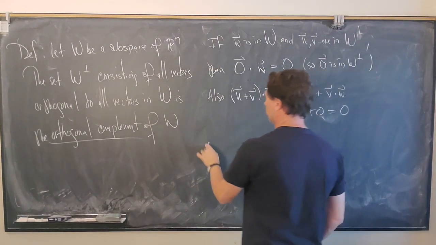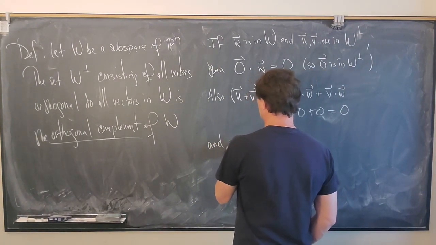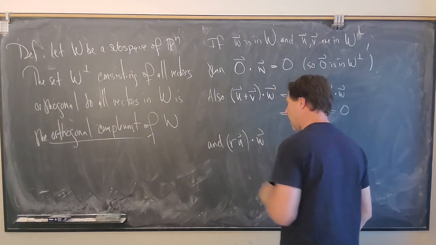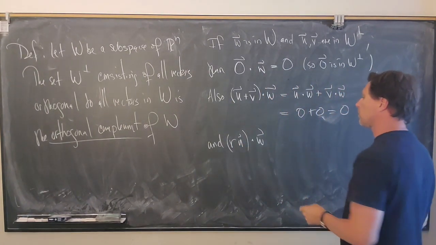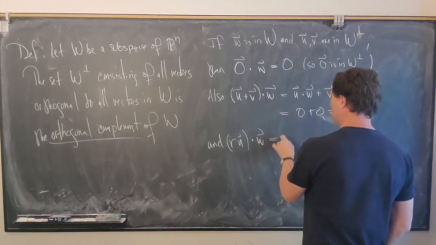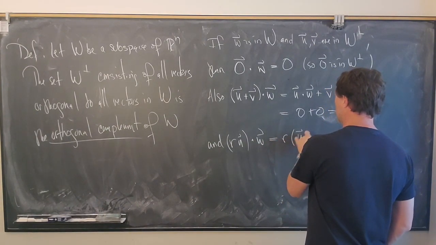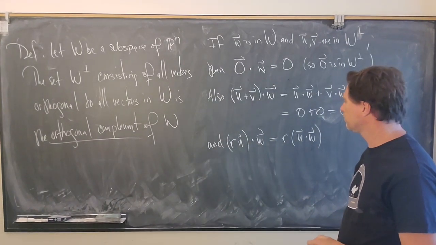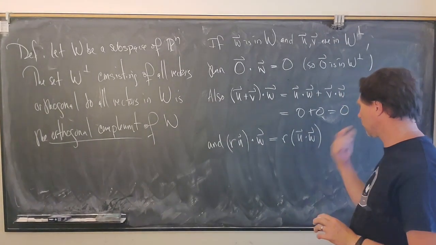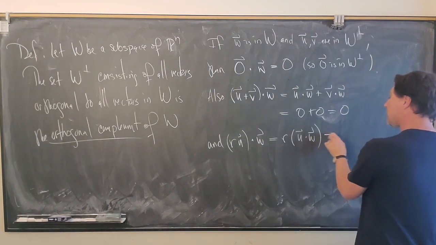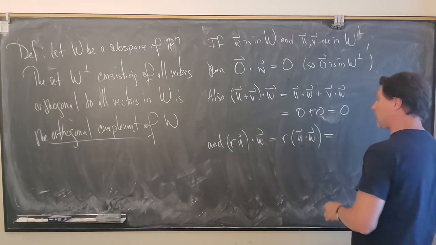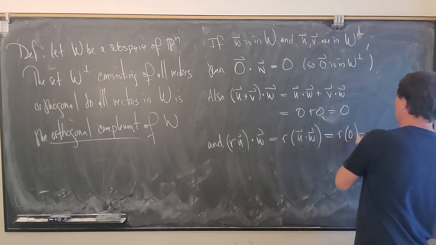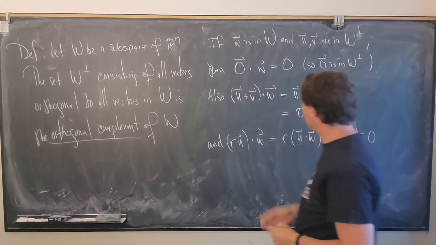And if we do, say, constant r times u dot with w, that's equal to r times u dot w. There's another property of dot products. You can slide constants out, kind of like an associative property, although not quite. U dot w, because u is in the orthogonal complement, that's equal to 0. So we get r times 0, which is 0. So what did I just show?